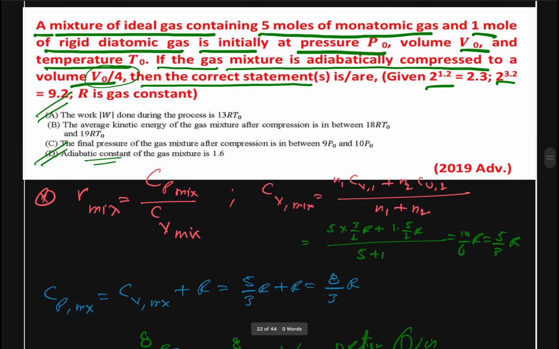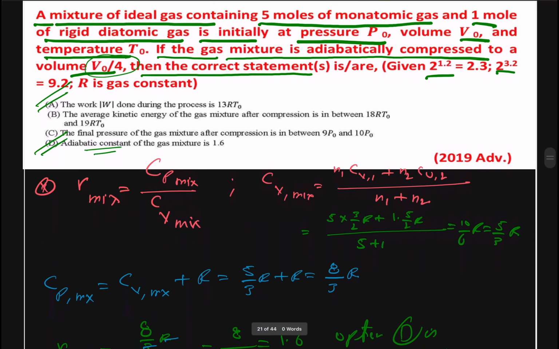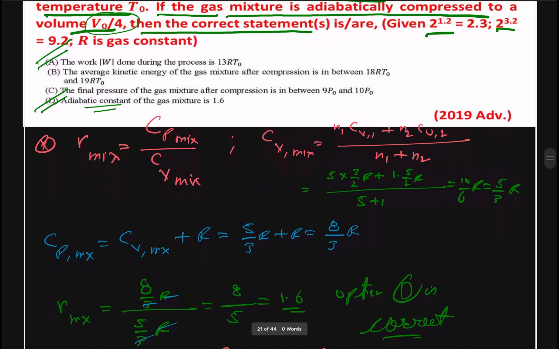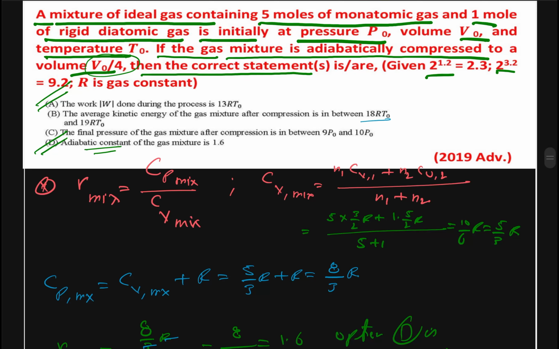But in the question it is asked that it lies between 18 and 19, so option B is incorrect.